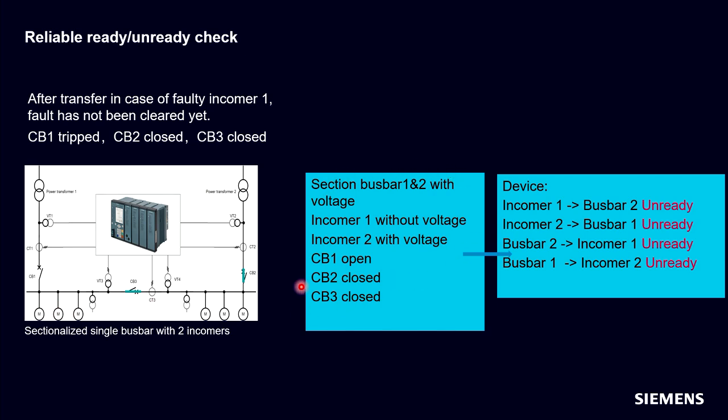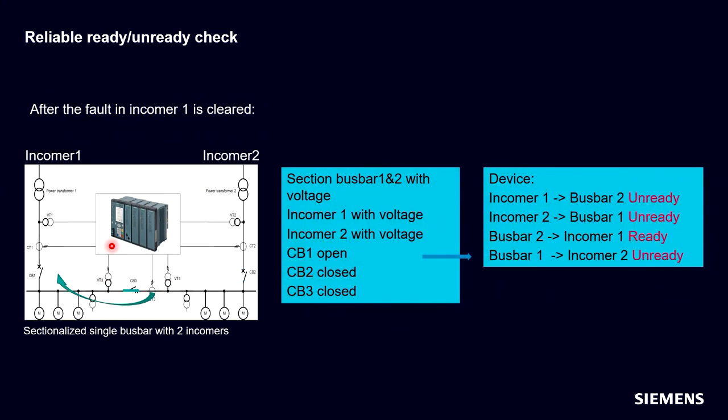In that case, our device says, okay, the transfer was initiated successfully, and now all the transfer directions are unready. Why? Because the fault is not cleared yet, and therefore the HSBT functionality is blocked. If the fault is cleared, then of course one of the directions is ready again, so we can switch back to the normal operation.